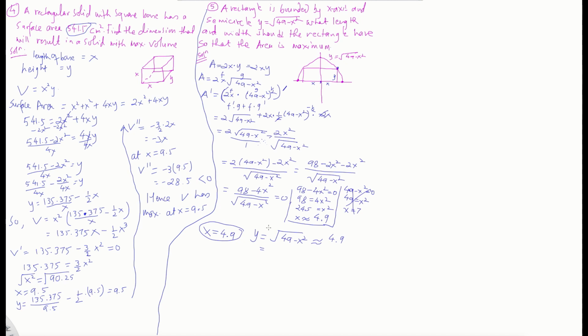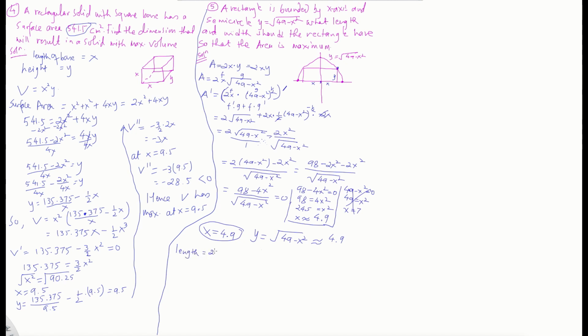Okay, now we are able to find out the x and y values. So what is the length, by the way? Here, the width is 4.9, right? But what is the length? Length is not x, right?